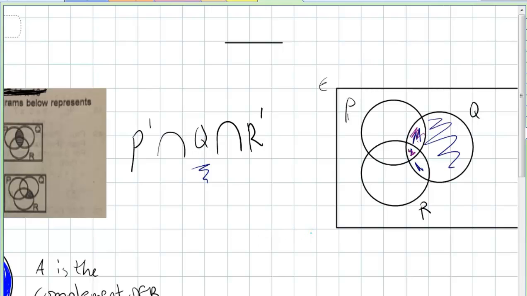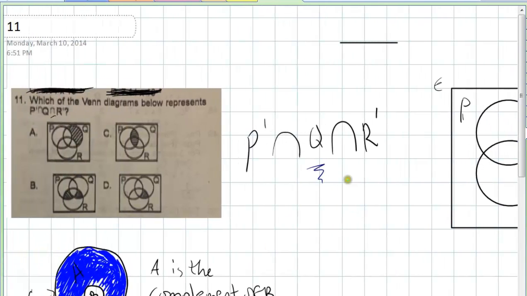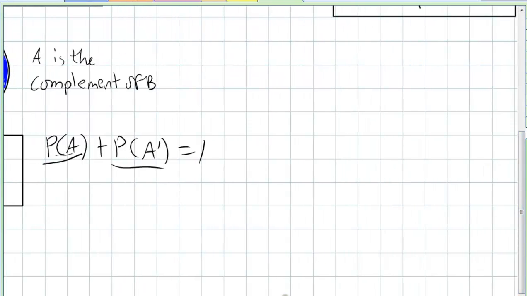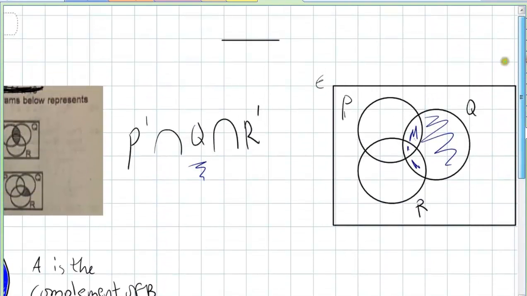I have made a mistake. Let me fix my mistake real quick. The complement of P is not in here. This whole circle is P. I just outlined over here that if this whole circle is A, the outside of the circle is A prime. The entire rest of this square is P prime.